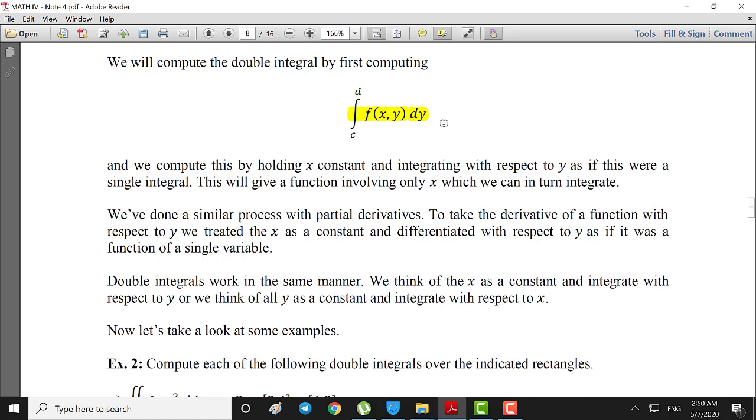Okay? This is very, very much similar to what we had in the partial derivatives, right? Over there, when we had round over round x, we treated y as a constant, and when we had round over round y, we treated x as a constant. Now, here in the integration, when we have dy, we treat x as a constant, and when we have dx, we treat y as a constant.